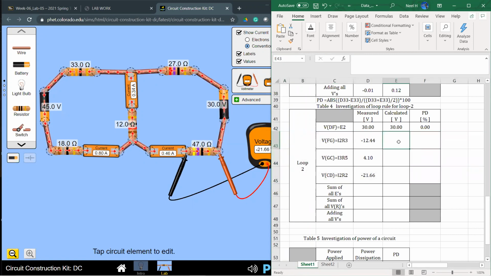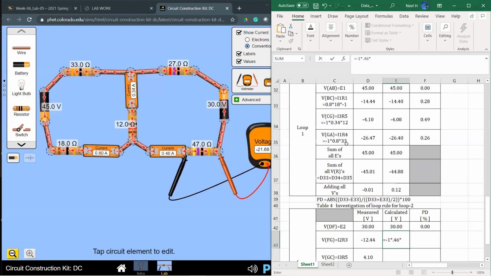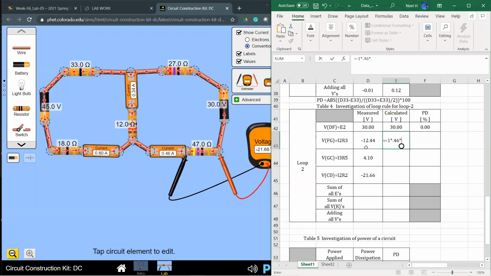I2 R3, I2 passing through here is this number, 0.46. That's a negative number, equal to minus 1 multiplied by 0.46 multiplied by R2. This should be I2 R2, F to G. Wait a minute. Did I miss something here?